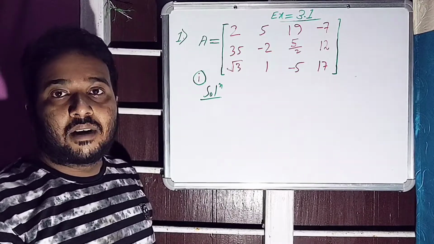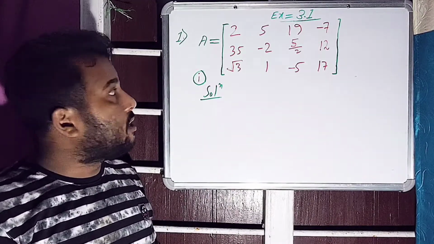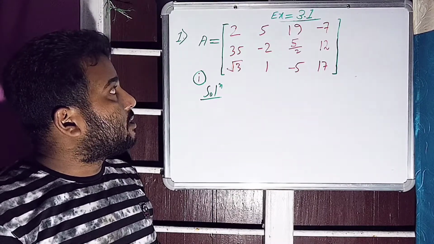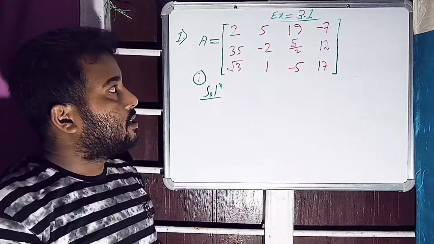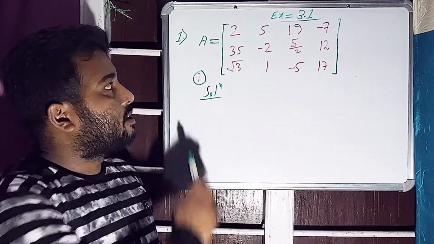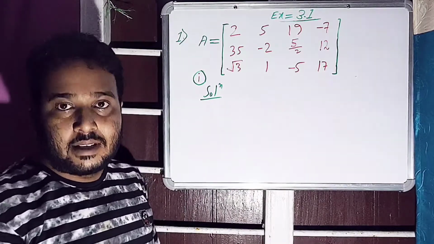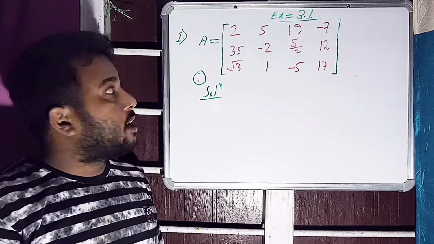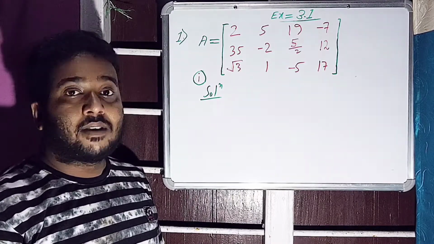Let us start question number 1.1 of exercise 3.1. So in question number 1, a matrix A is given. In question number 1.1, we have to find the order of this matrix. To find the order of this matrix, we have to find the number of rows and the number of columns first.